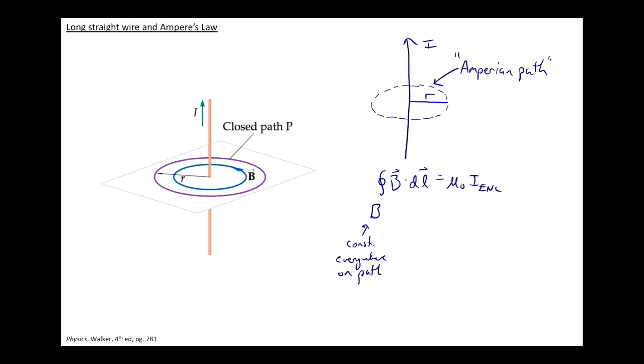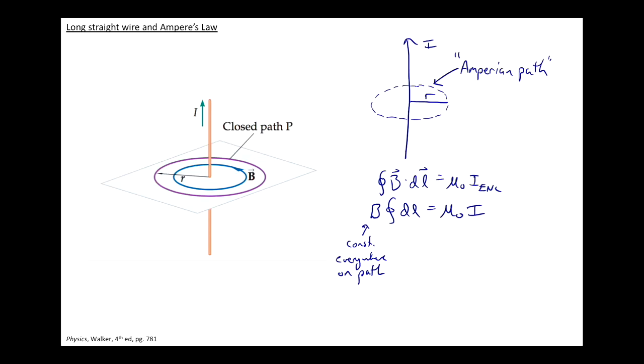Then we just have this integral of dl once again. And on this side, we have a constant mu naught. And how much current is enclosed by the path? How much lives inside that circle we drew? I. That's all the current that's inside that path. So we're just going to write that as I.